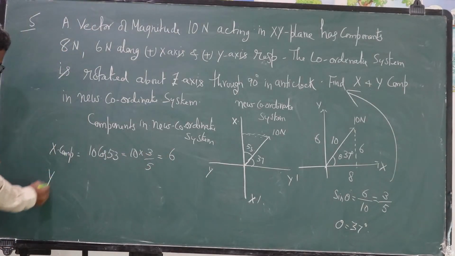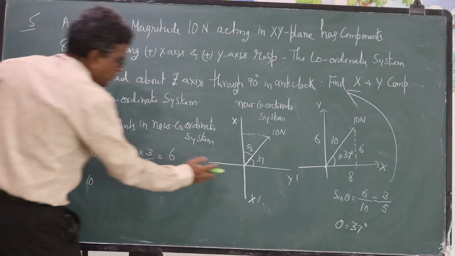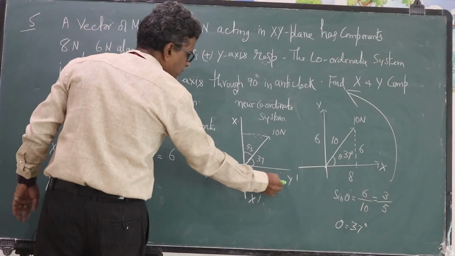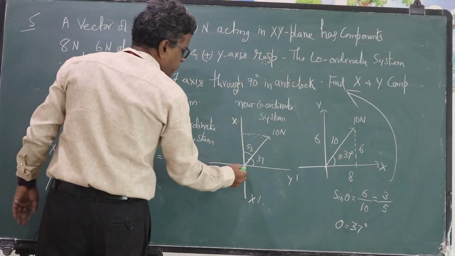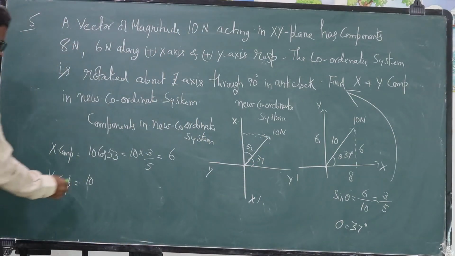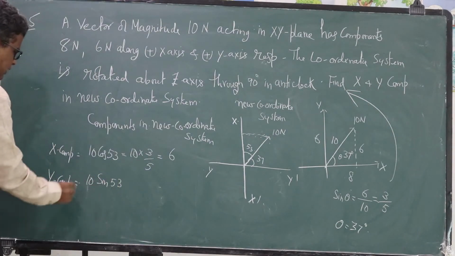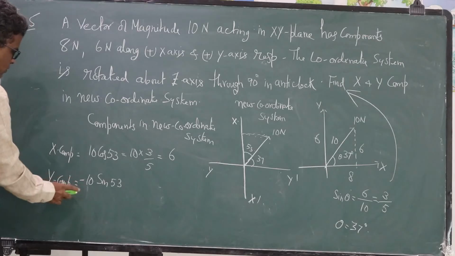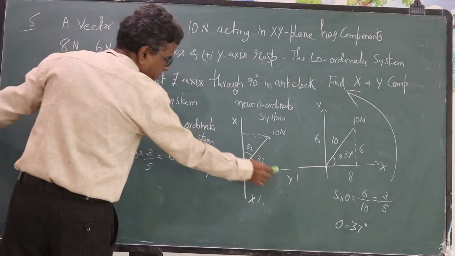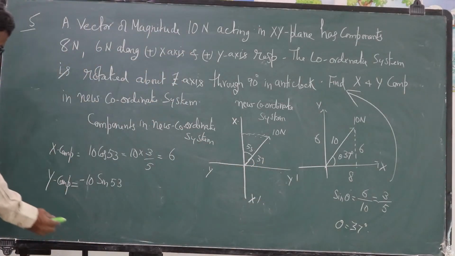What is the y component? The y component is 10 sin 53, which is cos 37. See, this is the y component, but it is negative, because this is negative y axis in the new coordinate system.